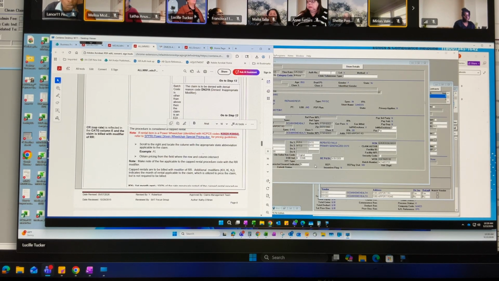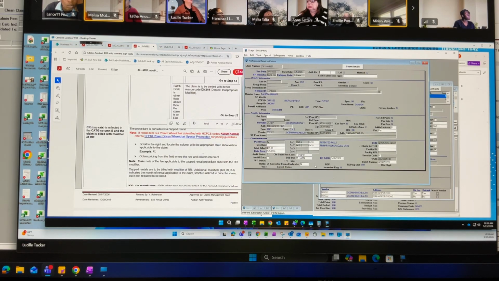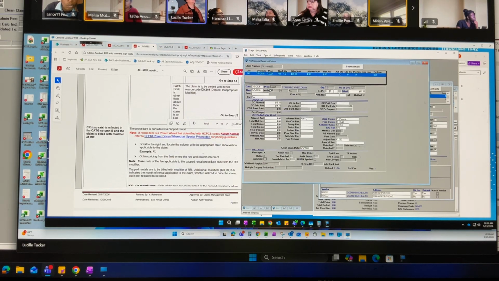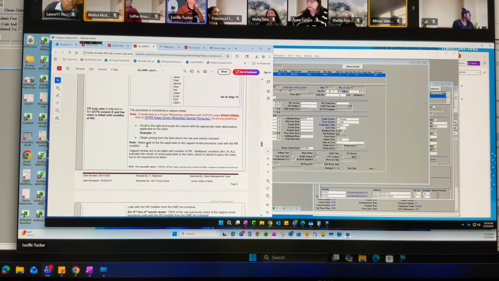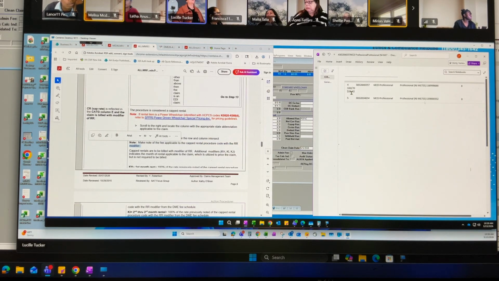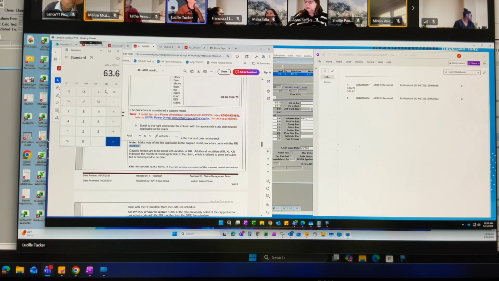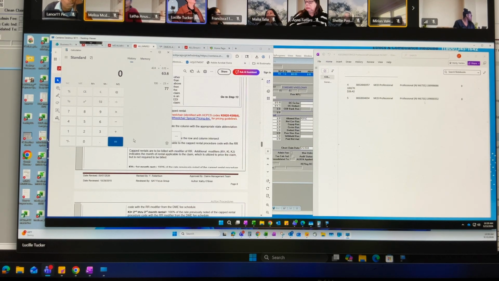This is not me, because even though this is a wheelchair, this is a standard wheelchair, not power-driven wheelchair. So I'm going to keep going down here. Make note of the fee applicable to the cap rental procedure with the RR modifier. So yes, I made a note of that code. I'm going to go ahead and put it in my calculator.